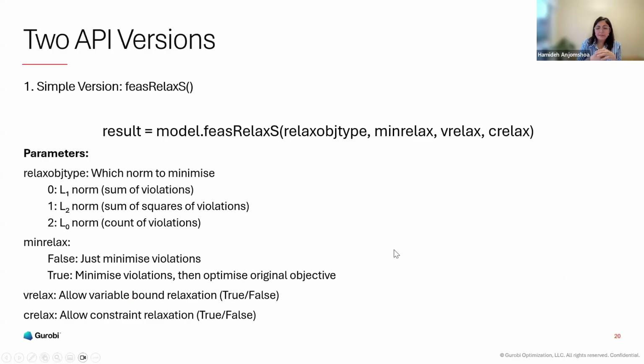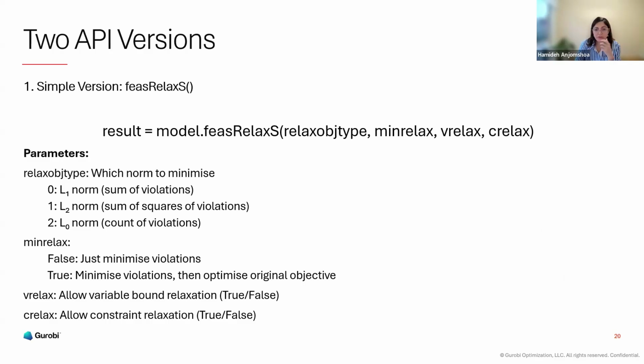The nice thing here is we have two APIs. The first API we call feasRelaxS, to be simple. We have some parameters here, and based on each scenario, you have to think about what is the best thing you can do. Relax object type is very fascinating.